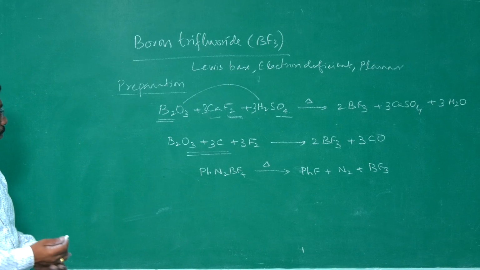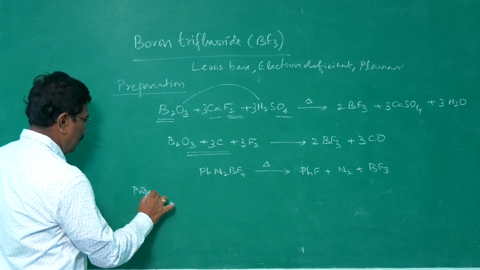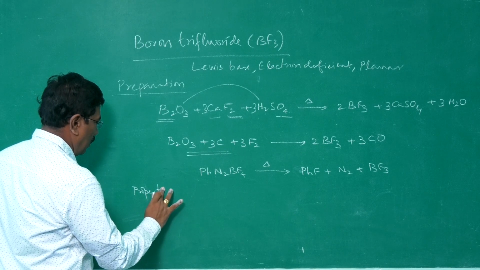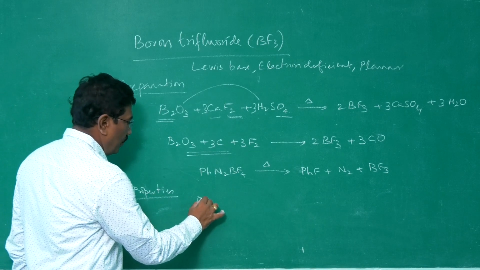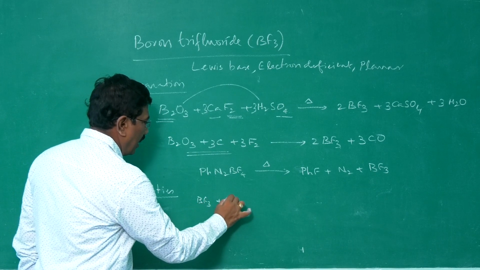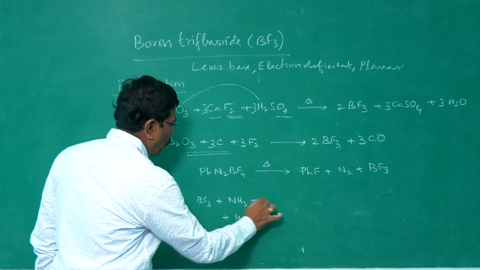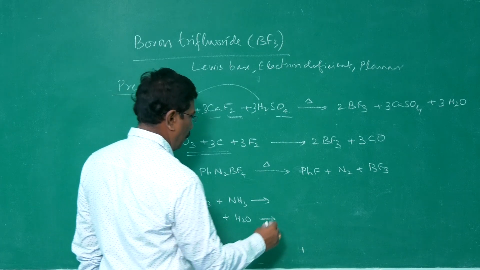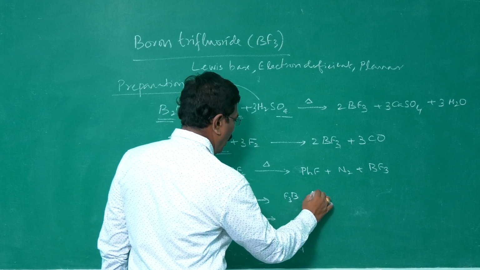Then regarding its properties, as I mentioned earlier, it is a Lewis acid. It combines with bases like ammonia and water, where it accepts a lone pair of electrons from ammonia and water. BF3, ammonia.